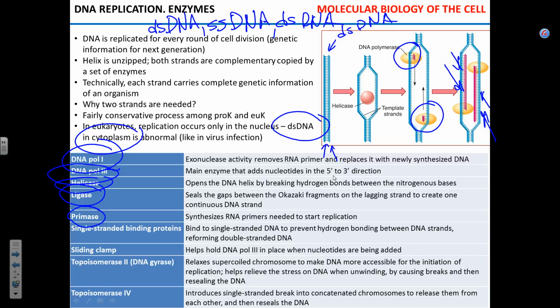Well, they don't really want to because they have no brain, but they will try to come back and form double-stranded DNA. To avoid this, there are single-strand binding proteins, SSBP. It's a very common acronym that you can find. Single-strand binding proteins keep those two strands separated.